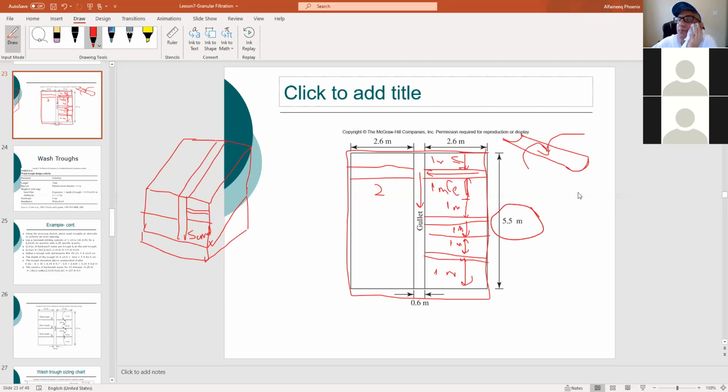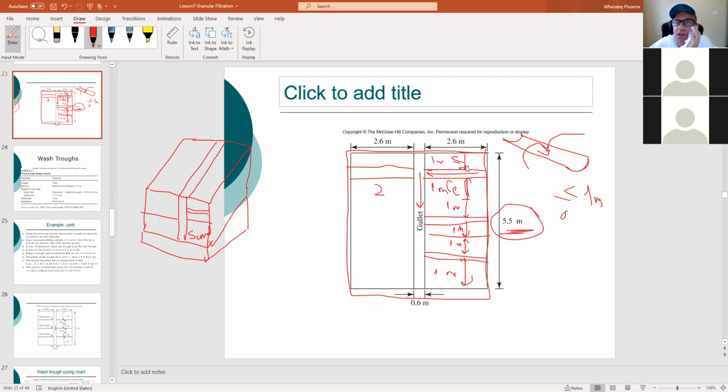In other words, you have the flexibility to figure out these distances between the troughs, based on the length of the filter box. You have the flexibility because the distance is less than or equal to 1 meter. You can use 0.9, 0.8, 0.75, whatever.